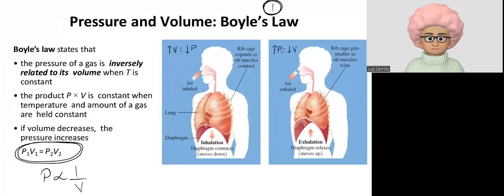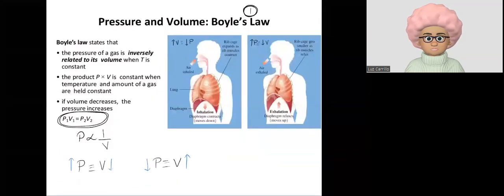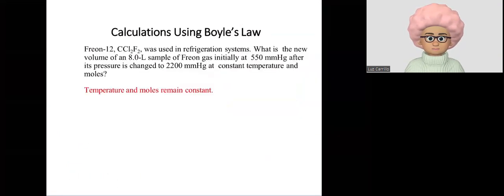Let's now see how we can actually utilize this concept of Boyle's law in a chemistry problem. Let's do the following example. This problem states Freon 12. The chemical formula for it is CCl2F2. It is a gas that is used in refrigeration systems.